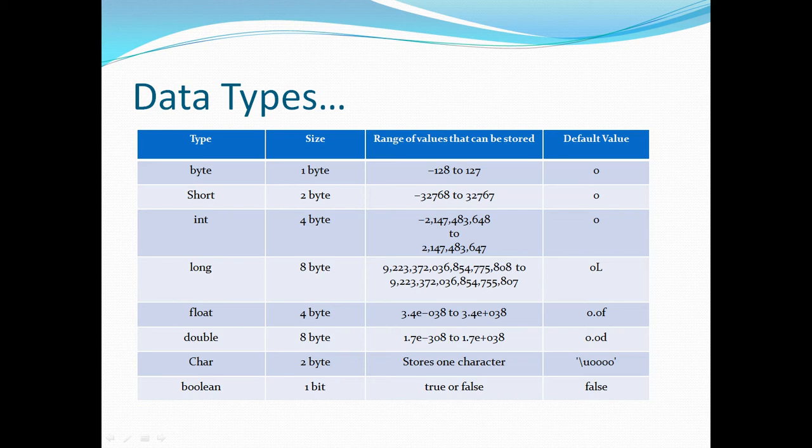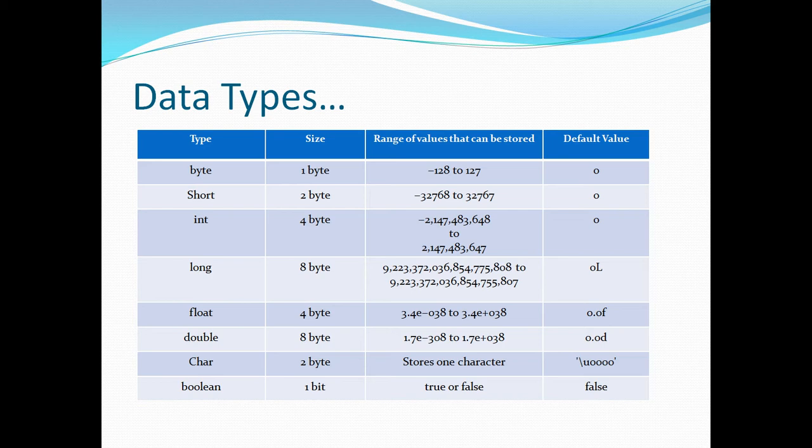Short is of 2 byte, and it stores the value of this range. Int is of 4 byte, and it stores this value. Long is of 8 byte, and it stores this value. That's why they have different types, because while writing a program you will not have a fixed value; you will have values of different types.